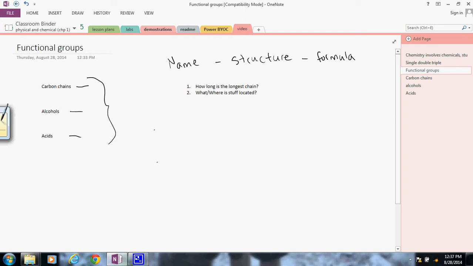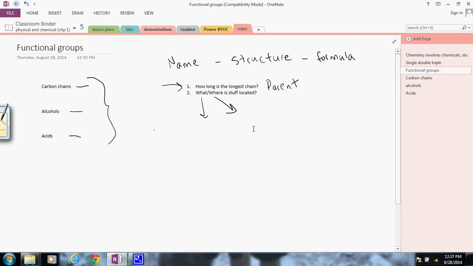These are common in things we'll use in class, but they're all named the same. Essentially, how long is your longest chain? That's called your parent chain. Then, what do you have located on the parent chain, and where is it located? If you know where it is and what it is, you can create a name that tells you what this structure looks like.